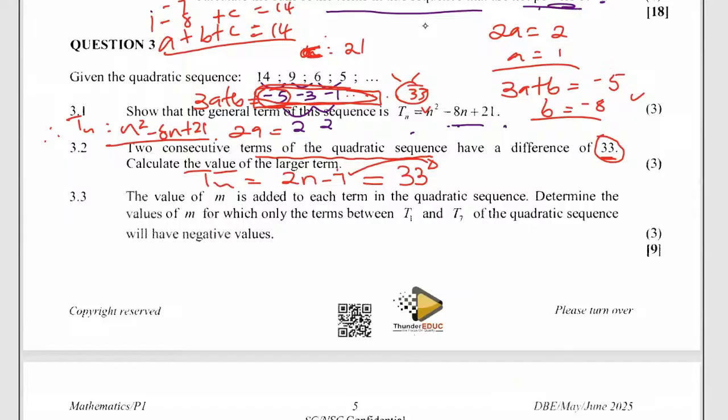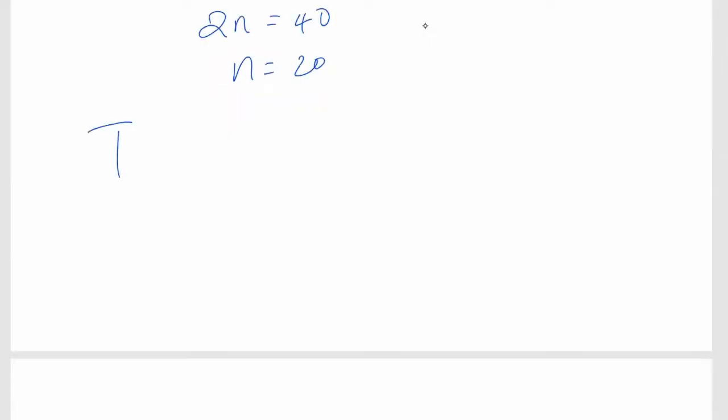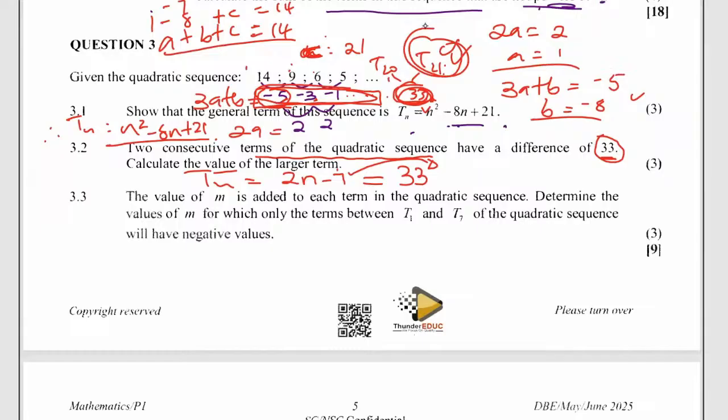So the position that this one is in is the 20th position, meaning that it's going to be between T20 and T21, because 1 is between 1 and 2, 2 is between 2 and 3, meaning that the 20th difference is between T20 and T21. So the bigger one is going to be T21. So let's look for T21 from the general rule, which was n squared.